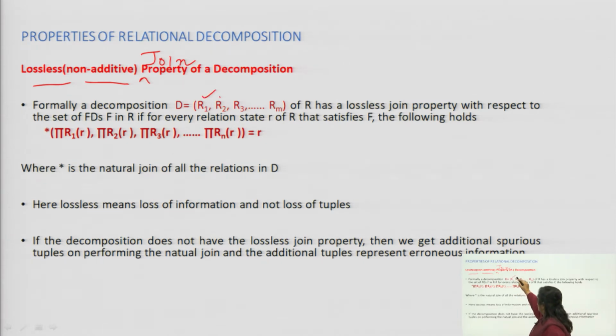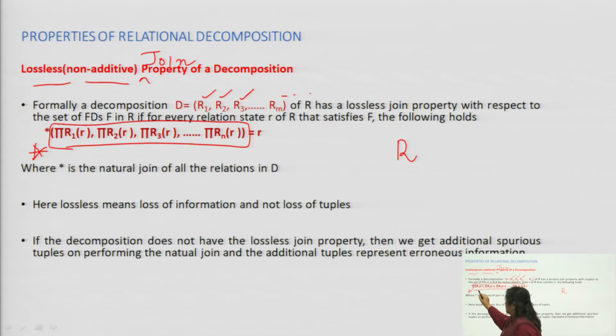That if R1, R2, R3 and so on, they are the decompositions of the given relation R, then the natural join, this asterisk is for the natural join, of the states of all the decompositions should be equal to the state of the original relation. If you remember, I had told you some time back that capital R stands for the schema and the small r stands for the state of the relation.